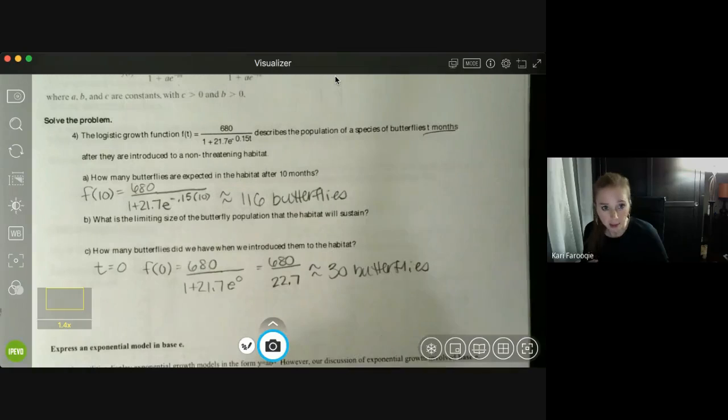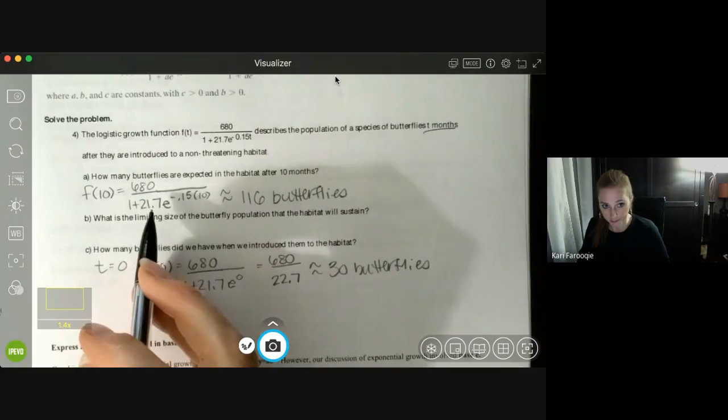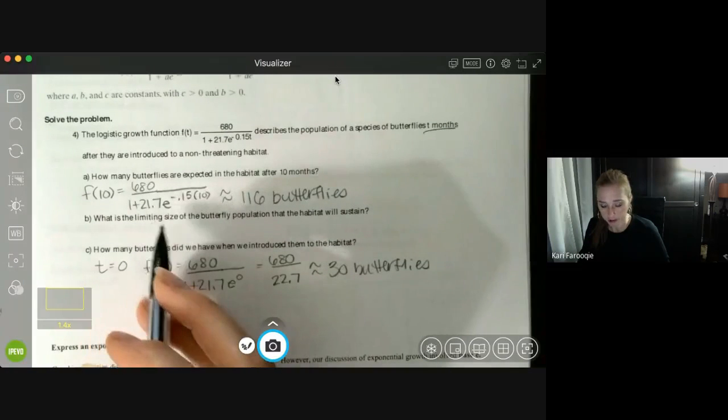It cannot happen. You only have space for so many. So the question is, what is the maximum number of butterflies that you can have? The way you're going to think about that is, as time continues to move on, as the number of months gets larger and larger, what happens to F of T, the size of this butterfly population?